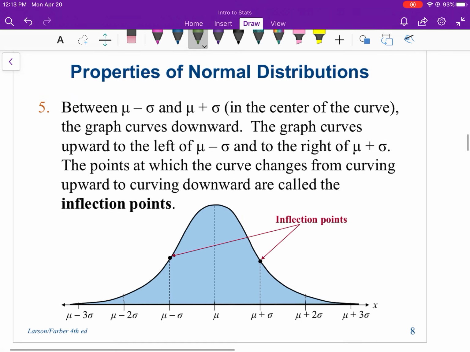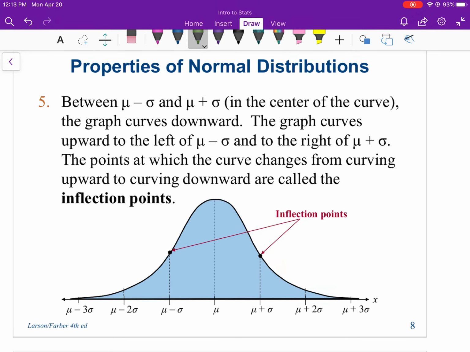All right, we also know that if we go out from the mean, we're going to go out 1 or 2 or 3 standard deviations on both sides. Now, what we haven't really talked about before would be this thing we call a point of inflection. So a point of inflection is where your curve changes from concave up to concave down.